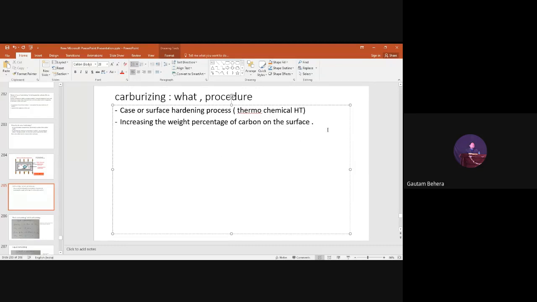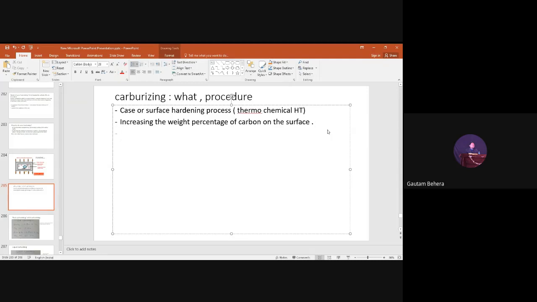That is called carburizing. It is just opposite to decarburizing. Decarburizing, if you remember, when we do normal heat treatment, the carbon will get removed from the surface. But here we are intentionally adding carbon to the surface of the steel. We want to increase the weight percentage of carbon of the surface layer of the steel, or up to certain depth of the steel.